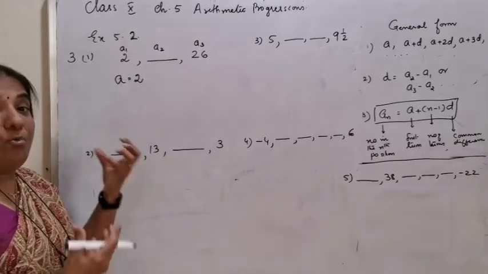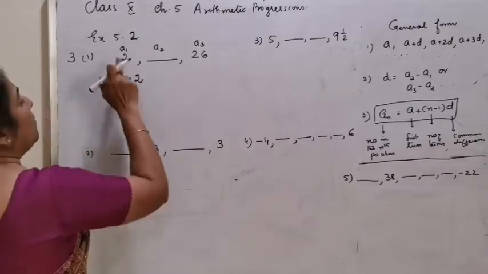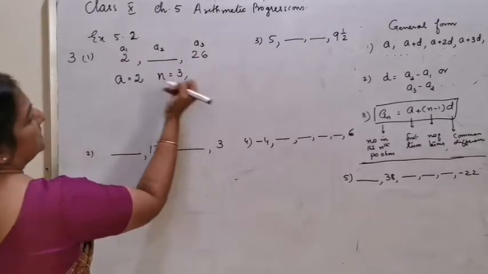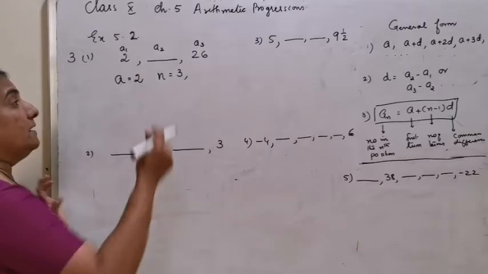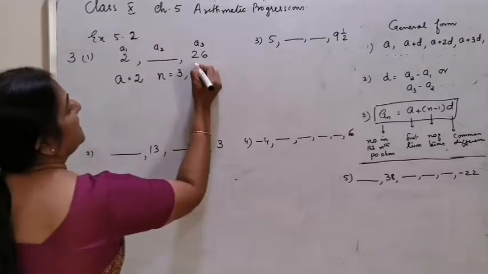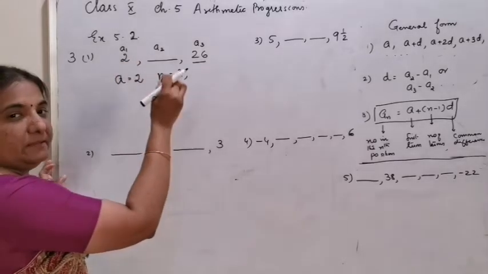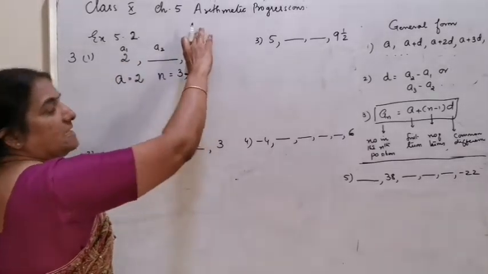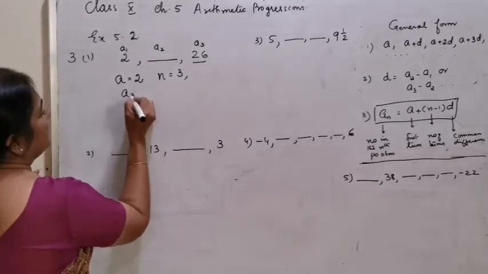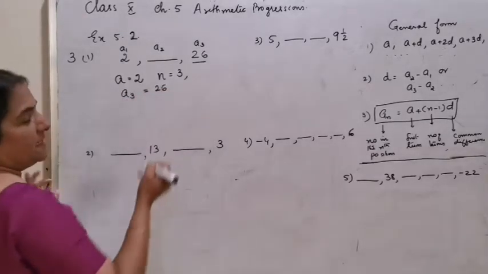And how many terms are there? 1, 2, 3. There are 3 terms, and the last value, a3, is 26.